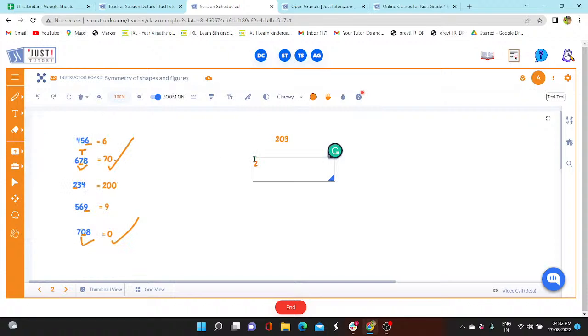This number has 2 in the hundreds column, zero in the tens column, and 3 in the ones column. So over here, if we check, 2 in the hundreds column, 0 in the tens column, and 3 in the ones column.